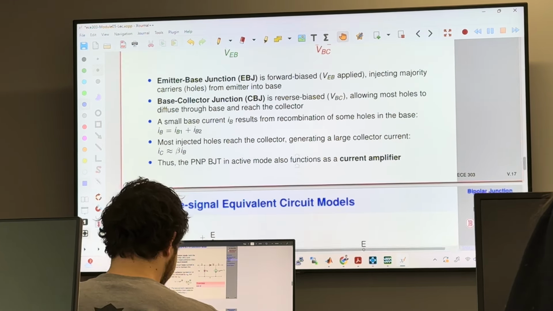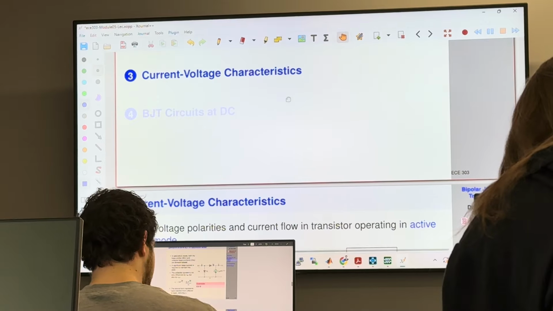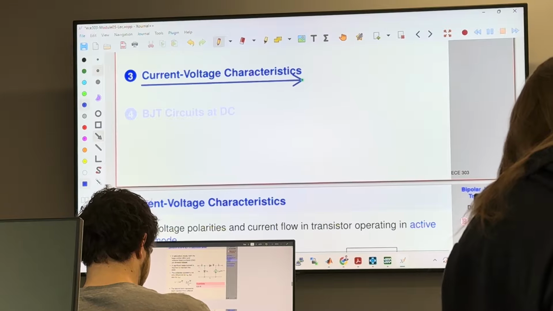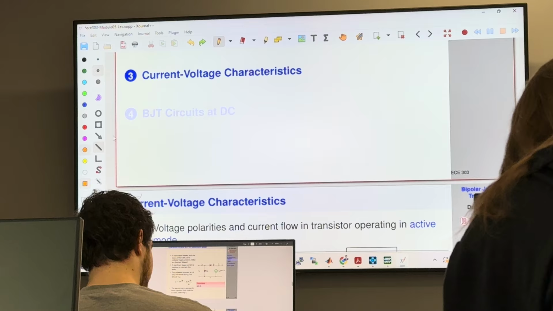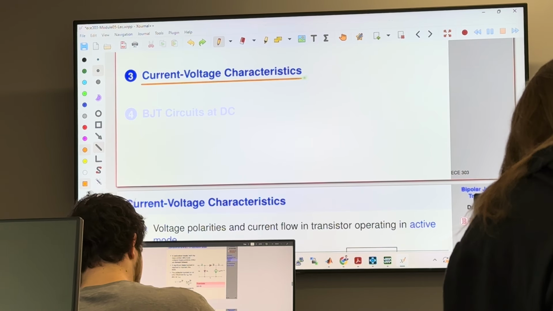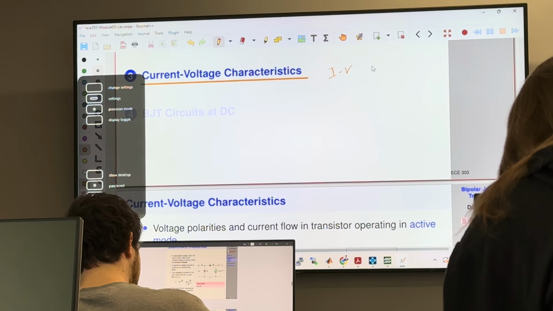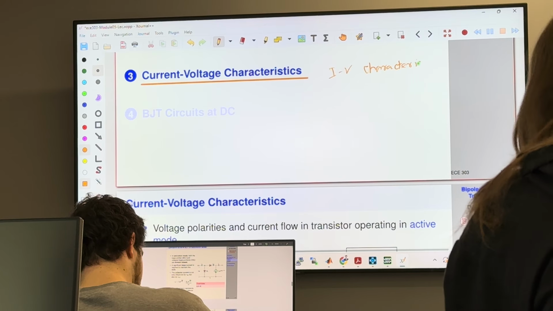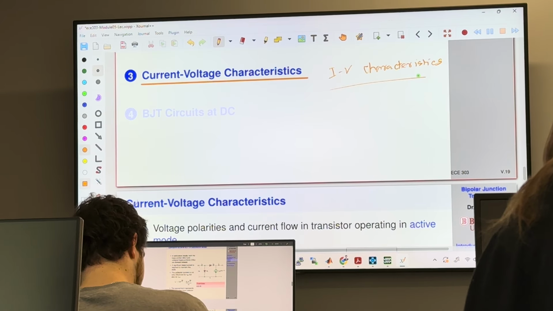Now we will move on to IV characteristics, current-voltage characteristics.